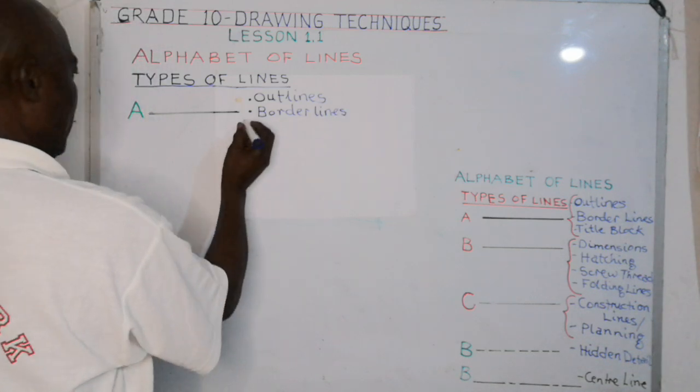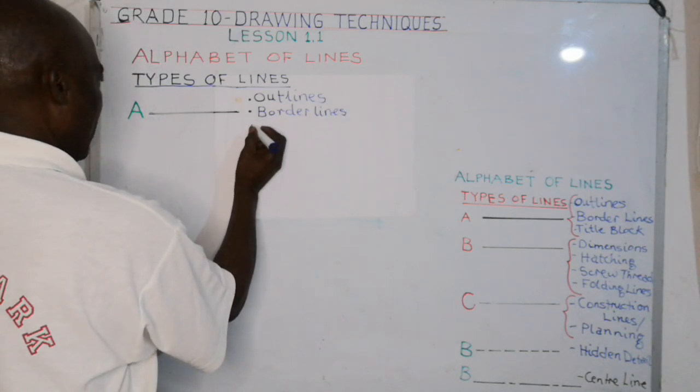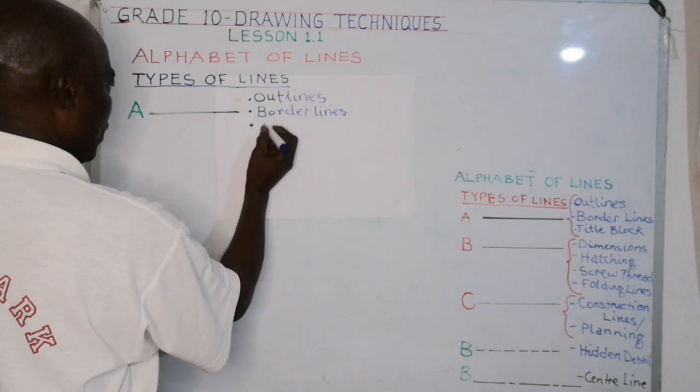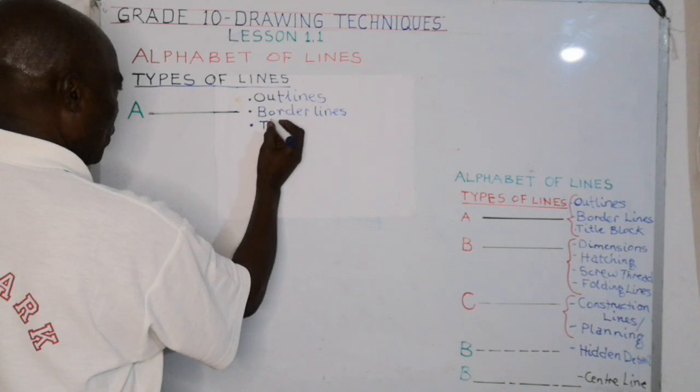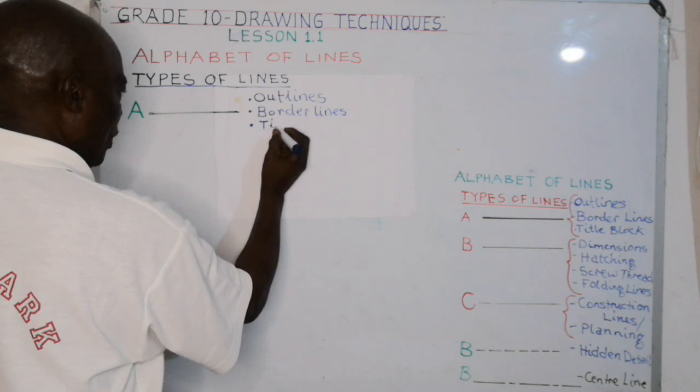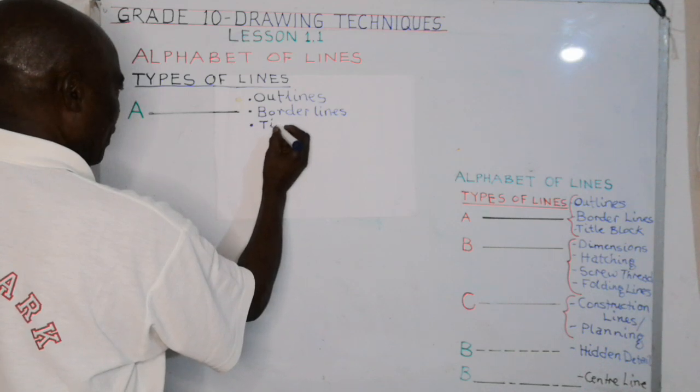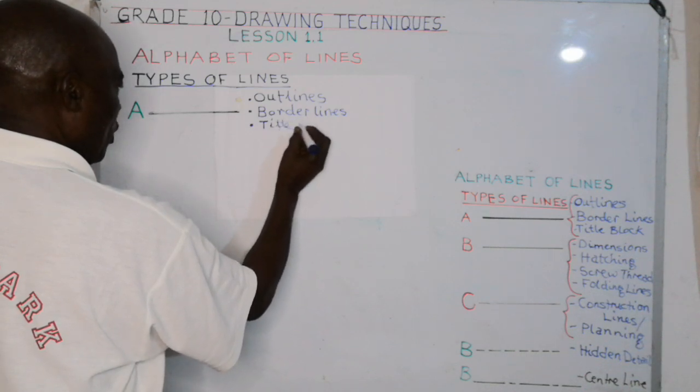And then we also have the title block. The title block is where you write the title, the date, the scale and your class or grade.